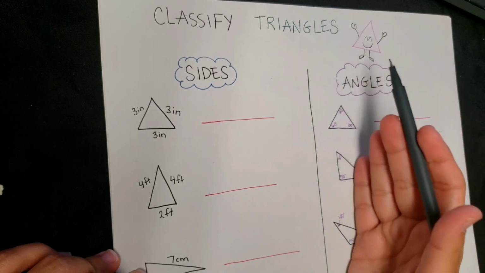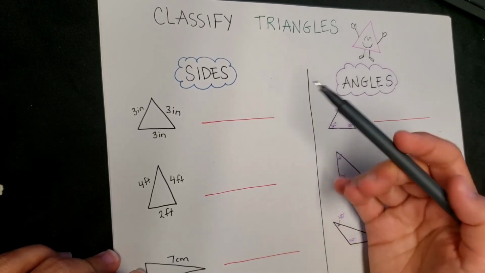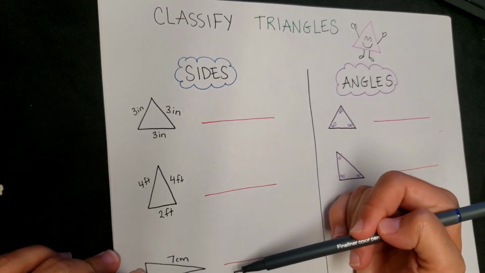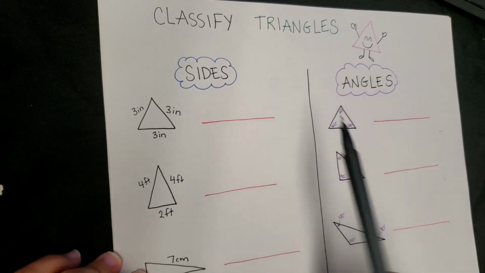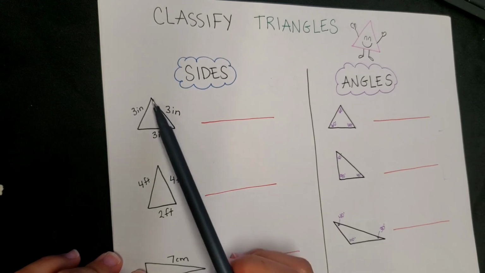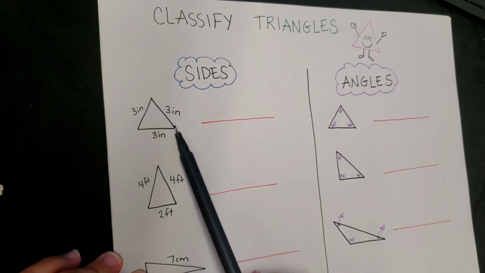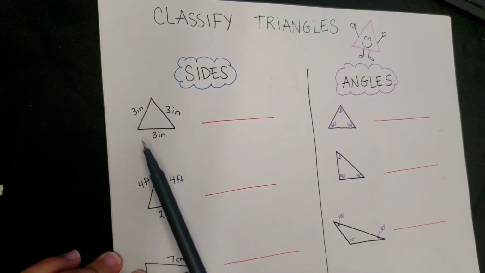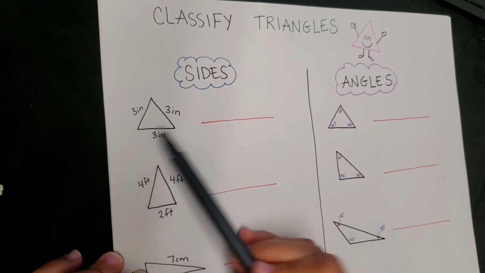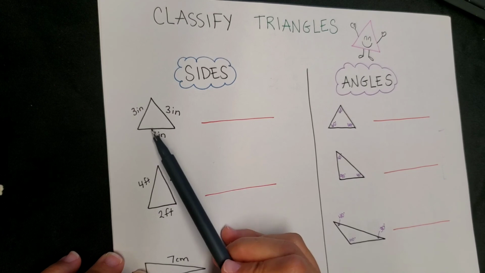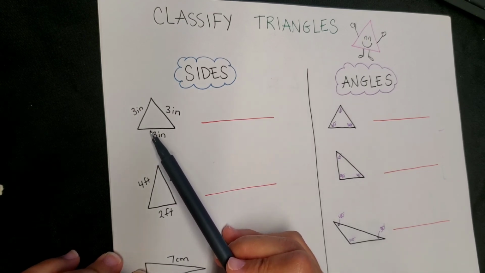But first let's go over what the different names are based on the measurements of the sides of the triangle. This first triangle we have here, if we look at only the sides, each side has a length of 3 inches. So we have 3 inches, 3 inches, 3 inches. All the sides in this triangle are congruent.